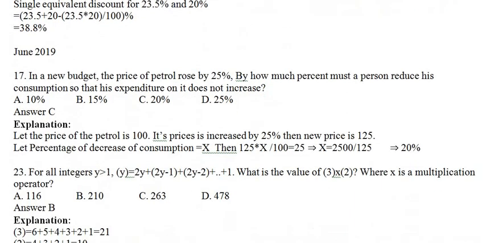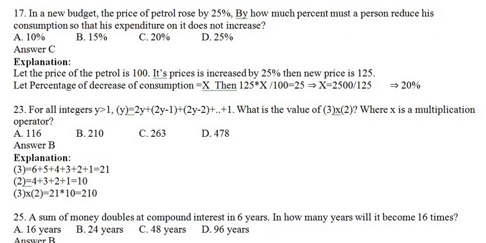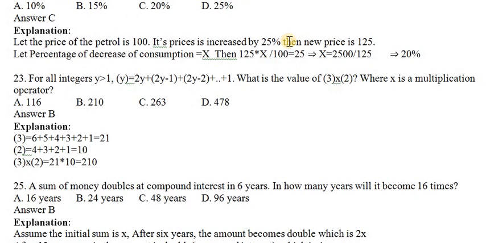And next one, June 2019: in a new budget the price of petrol rose by 25%. By how much percent must a person reduce his consumption so that his expenditure does not increase? So this problem is very clear, suppose we have 1 liter petrol price 100 rupees, then if you are increasing 25%, then to buy the same 1 liter, we need to spend 125 rupees.